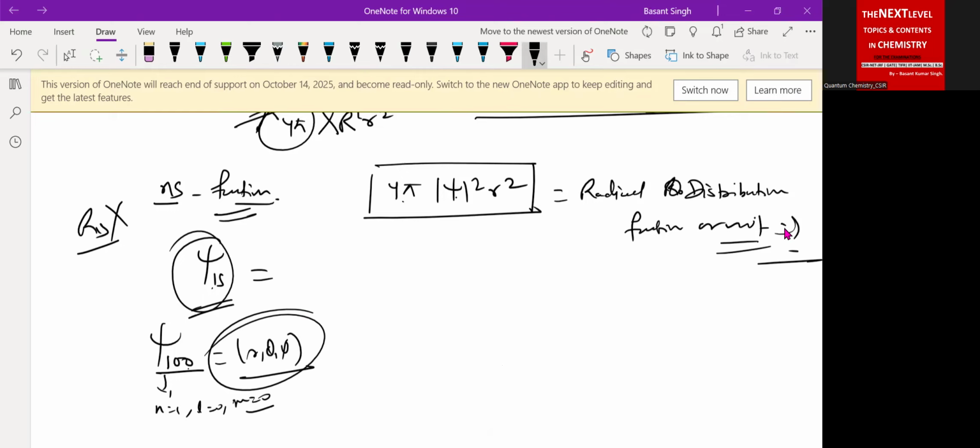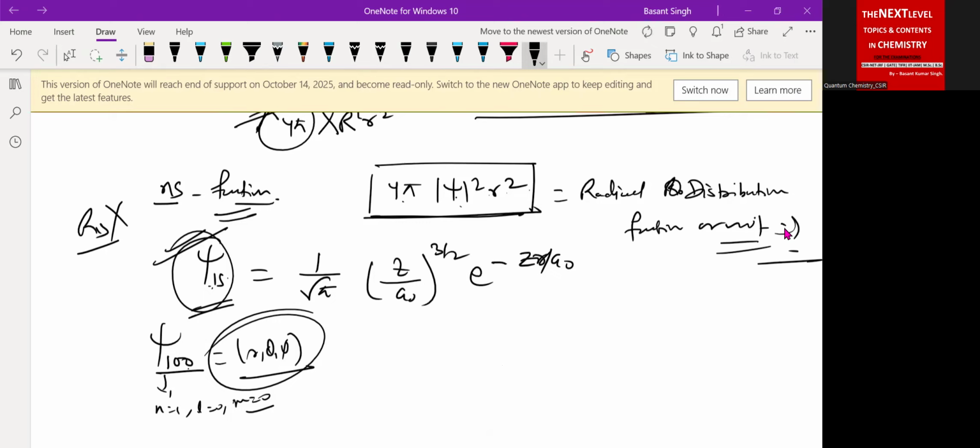So 4 pi psi square, this is taken for psi 1s. What is psi 1s? You get any textbook, and then the psi 1s is 1 by root pi and z by a naught to the power 3 by 2 and e to the power minus zr by a naught.